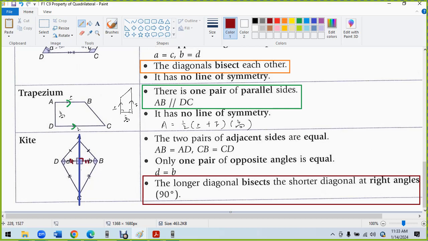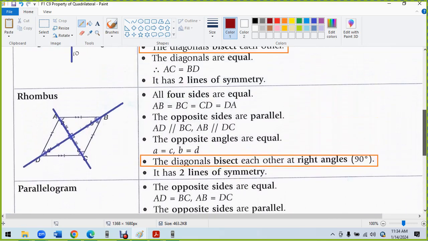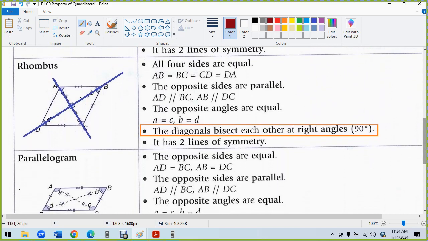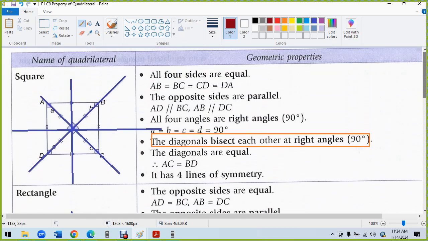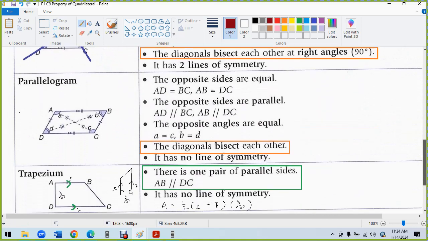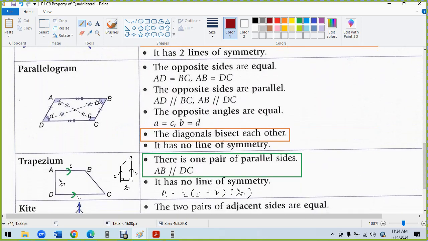So this PM and MD, their distance are the same. So you must memorize all these geometry property, so that you can solve the problem in the straight line here. So you must memorize that the square, rectangle, rhombus, and parallelogram, their diagonal bisect each other. So that means their midpoint of AC is equal to midpoint of BD here. Okay.